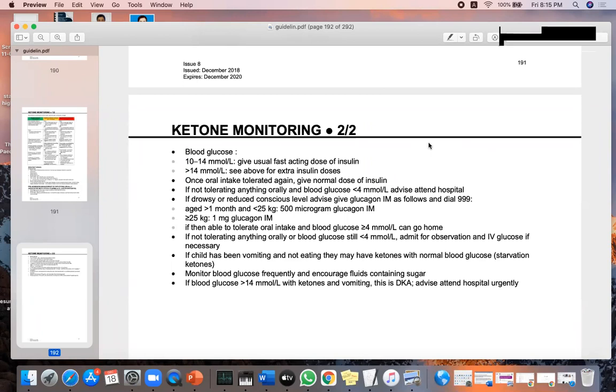I will not go into intermediate acting, long acting, 2/3, 1/3, morning dose, night dose. But suppose a child is getting 10 units of total insulin per day. Among that, we divide 2/3 and 1/3 between short acting and long acting, and we give 2/3 in the morning, 1/3 at night. This is the protocol for diabetic management. Another is that short acting insulin we give by carbohydrate counting.